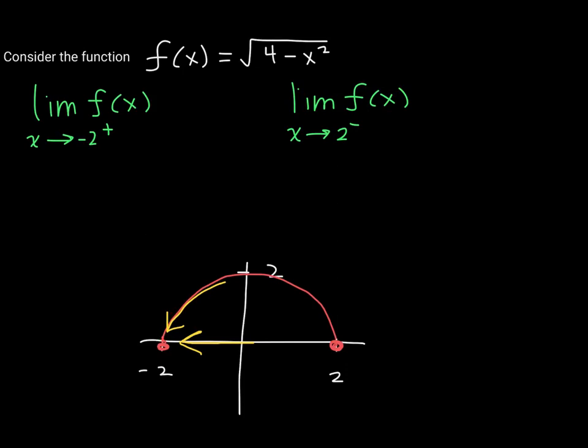So this one-sided limit is equal to 0. Now, as x values approach +2 from the left, your function values are approaching 0. And so this limit here is equal to 0.